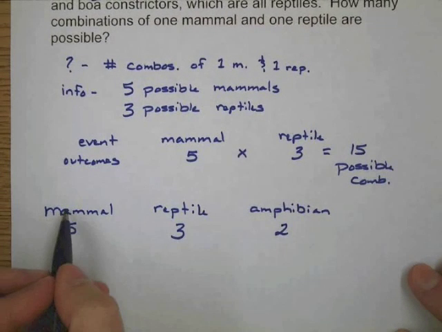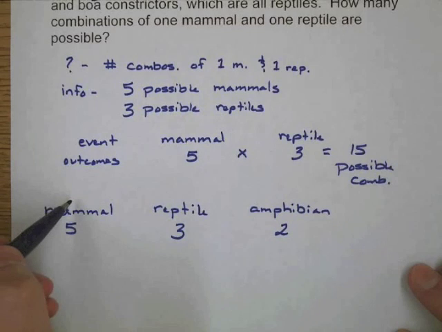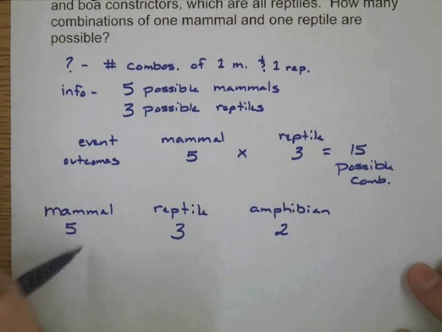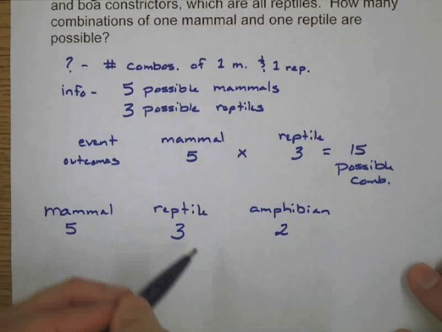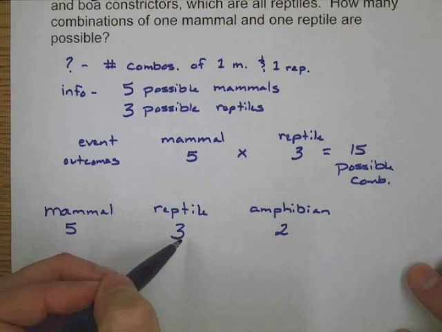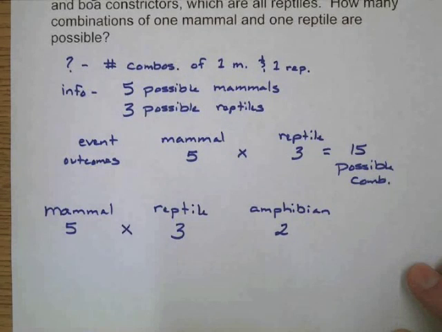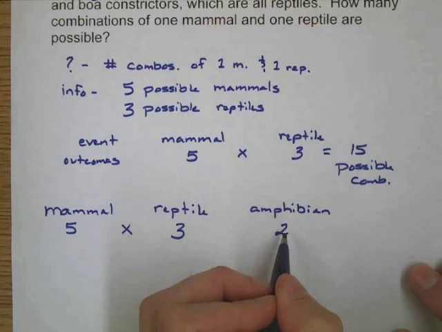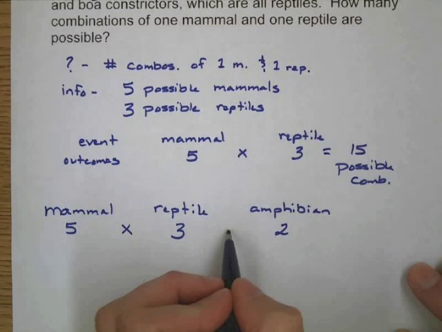So again, we have events. When he goes to the store, Rick has to first choose a mammal, so there's 5 possible outcomes. Then he has to choose a reptile, so there's 3 possible outcomes there. And then he has to choose an amphibian, so then there's 2 possibilities there.